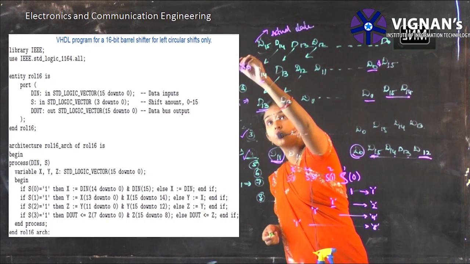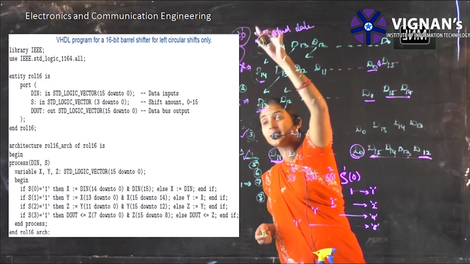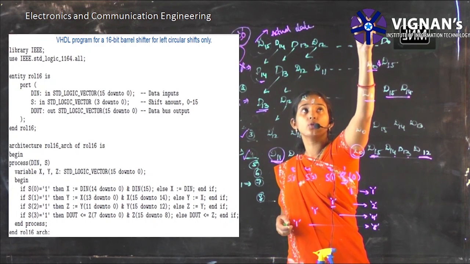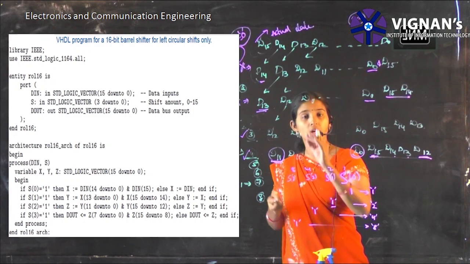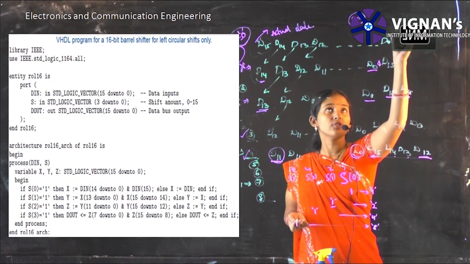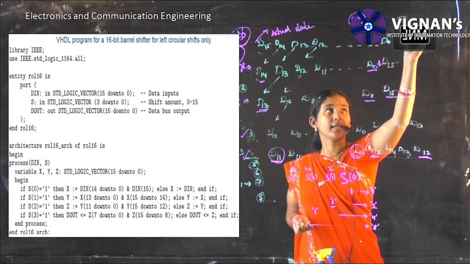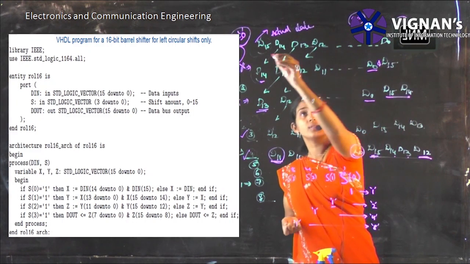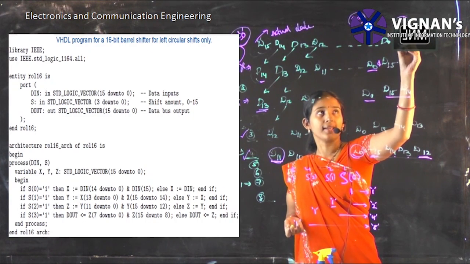If S0 is equivalent to 0, as we have been seeing in the previous class, that means there is no shift in the data. Whatever the data is, you will be getting it at the output. So if the selection line is 0, X is equivalent to data input, D0 to D15, and you will get that at X.